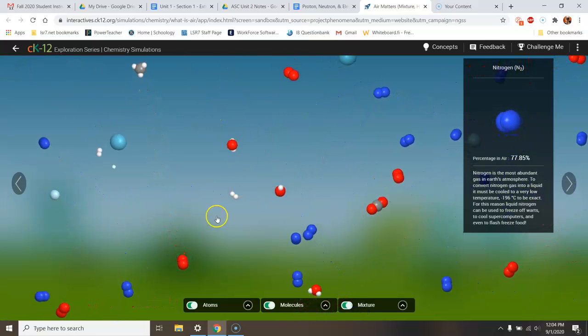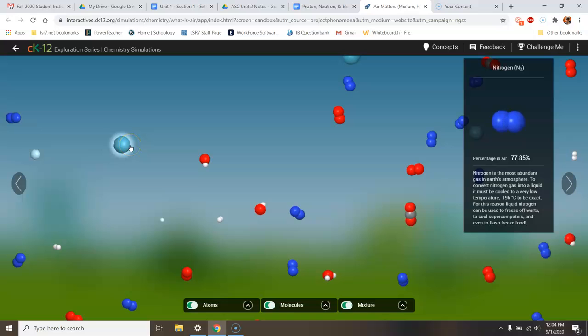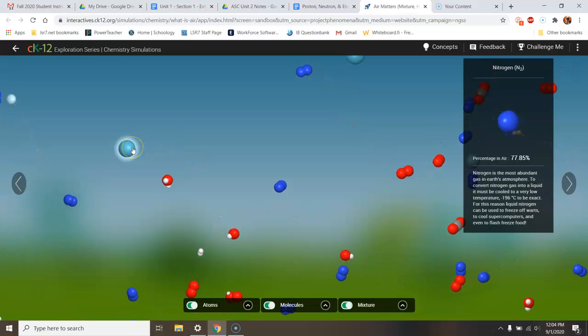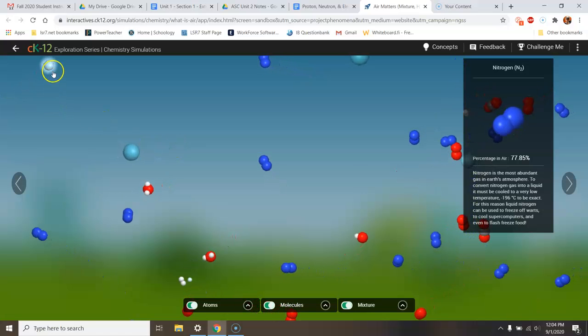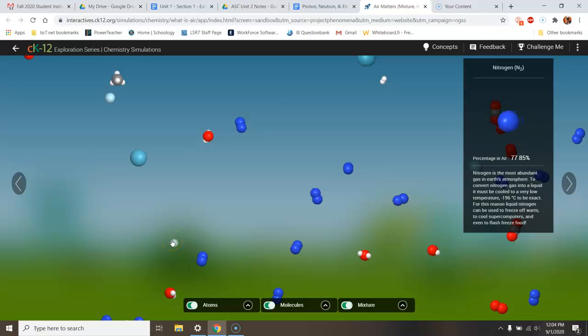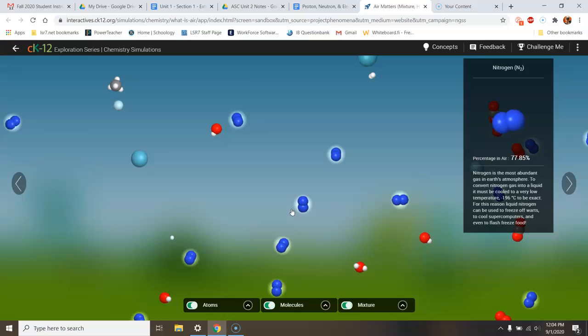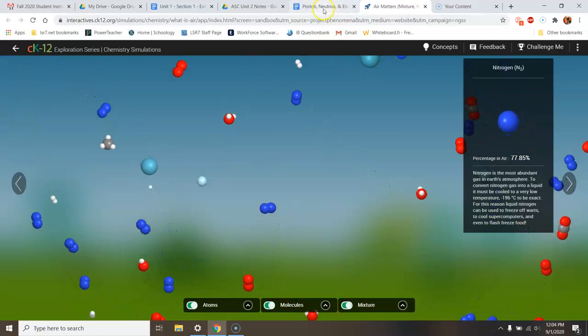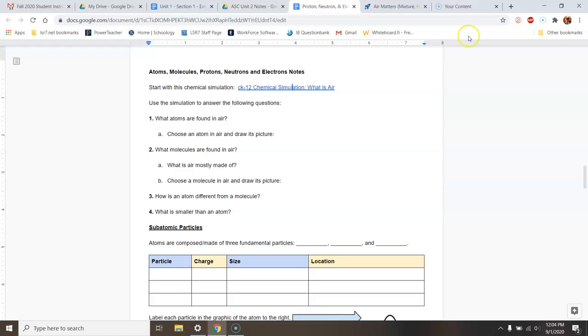Now grab, oh, look at this guy. That guy right there, he is an atom because only one part. There's another atom right there. Here's a little one right there. So the molecules, multiple pieces, the atom is only a single piece. So that's what we wanted you to take away from that.